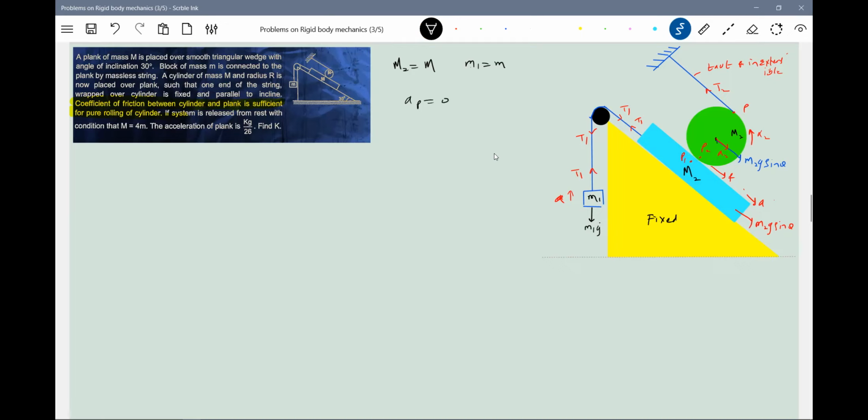Because the string should be inextensible and taut. That's the only reason. Therefore, A2 minus R alpha 2 is equal to 0. Then the acceleration of point P2 should be equal to the acceleration of point P1. That gives equations 1 and 2. Rest everything is now very easy.